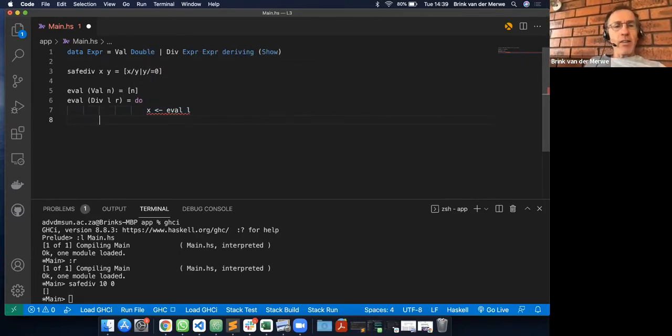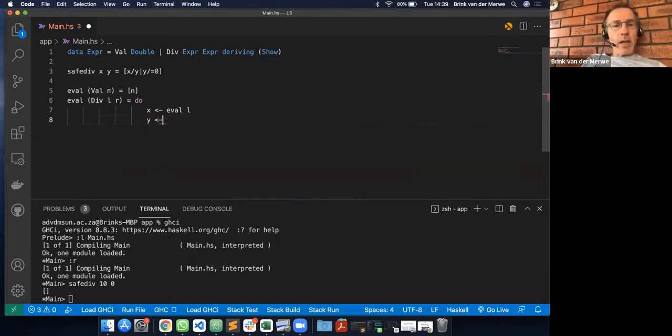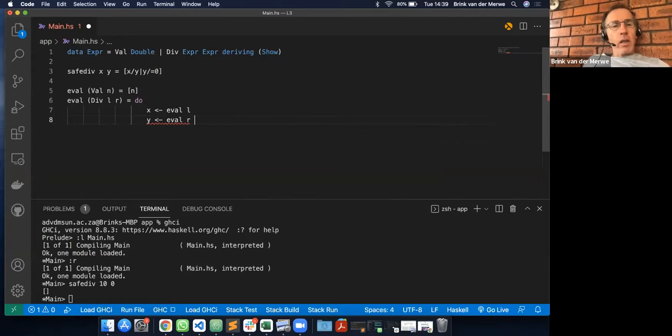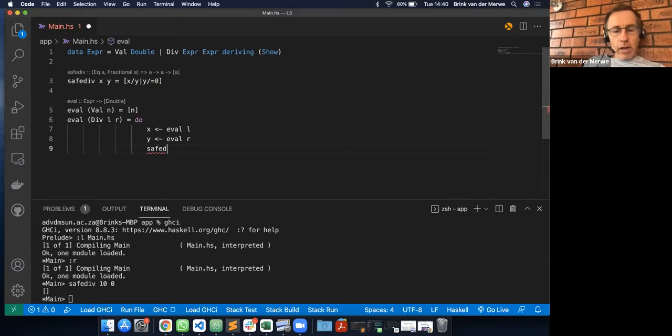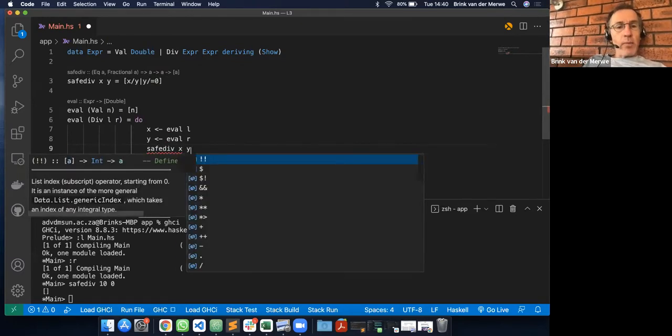Otherwise, we don't have an x. And the y we obtain similarly. We just evaluate the right-hand side. So you can think of these x and y's as double values. And then what I can do is just say safe diff of x and y.